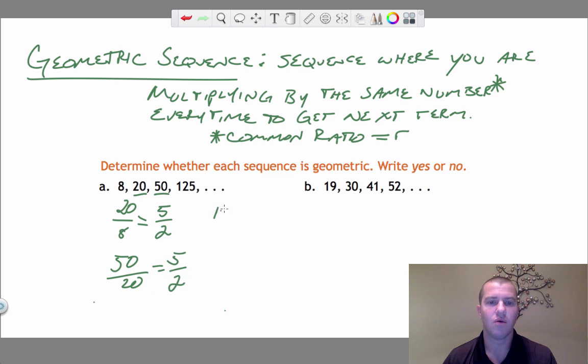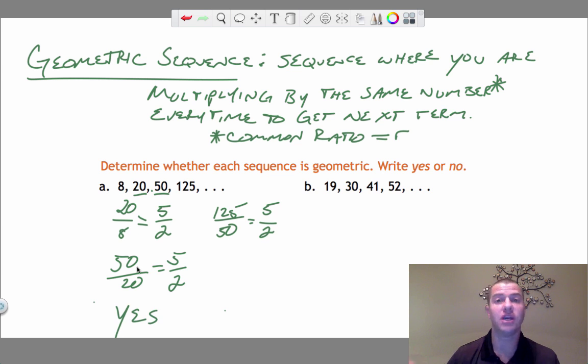If I take 125 divided by 50, what goes into 125 is 25, and it goes in 5 times, divided by what goes into 50, which is 25 twice. So the common ratio every time is 5/2. So this is a geometric sequence, and the common ratio is equal to 5/2.